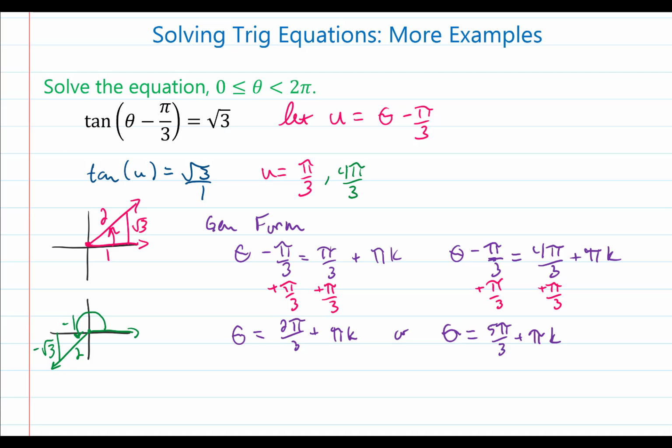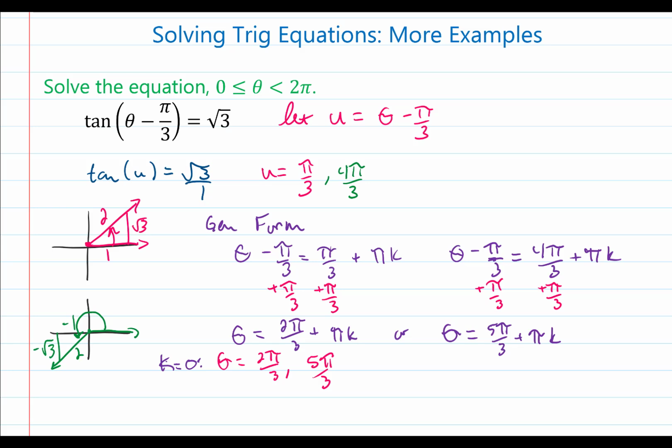So what we will do to find specific values for theta is to replace k with integers and then solve. So first, let's start with 0. So k is equal to 0, which means theta, when you replace k with 0 and simplify, will be 2 pi over 3 and 5 pi over 3.